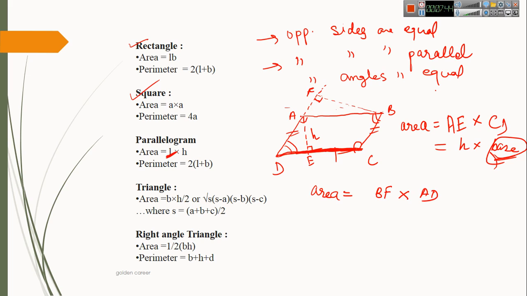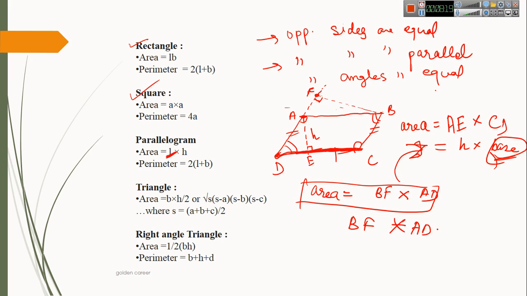Here we will measure only up to AD, not AF, where the perpendicular is dropping. Since AD is extrapolated, the base here will be AD. So the area will be equal to BF into AD. But this area will be equal to the area here. Therefore, we will have BF into AD equals AE into CD.